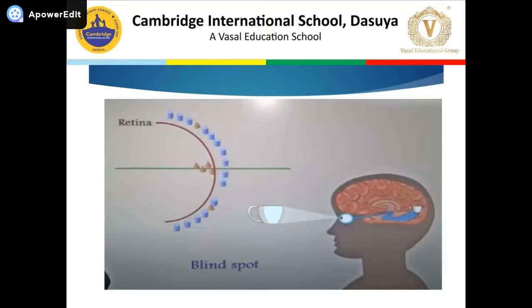So this is the blind spot. In the diagram you can see that from here all the axons of sensory receptors bundle together and leave the eye to reach the occipital lobe of the cerebrum, part of the brain.